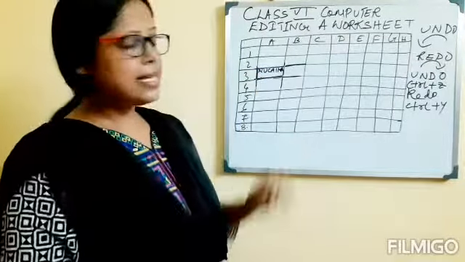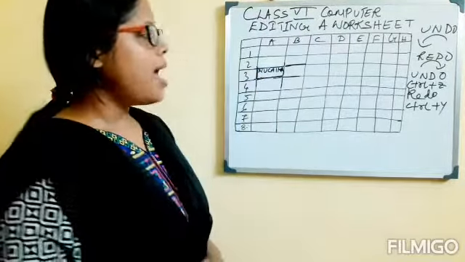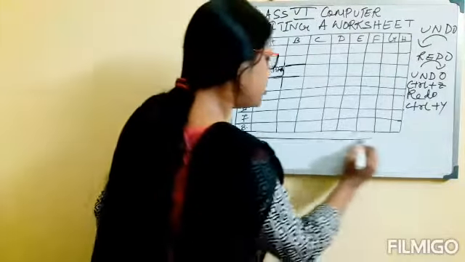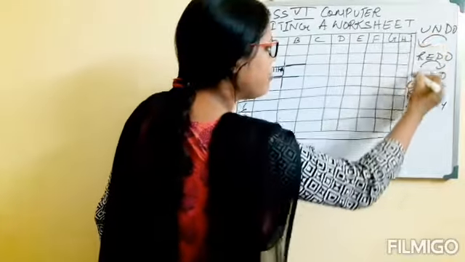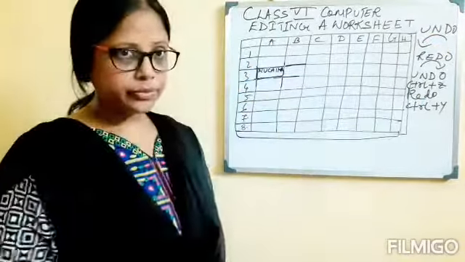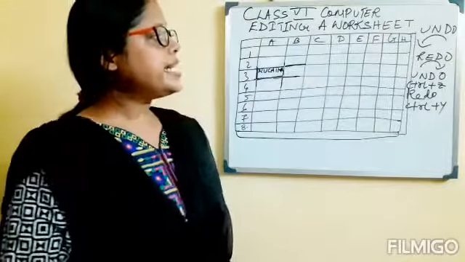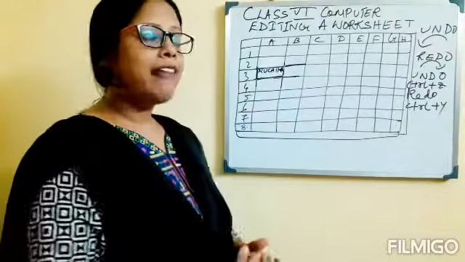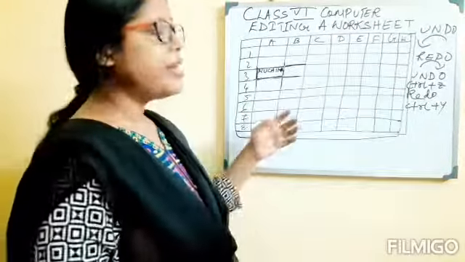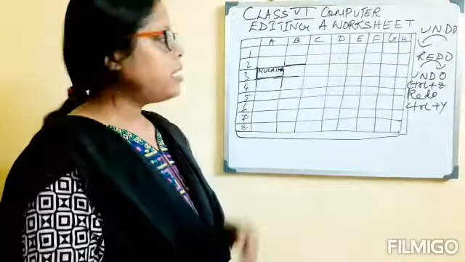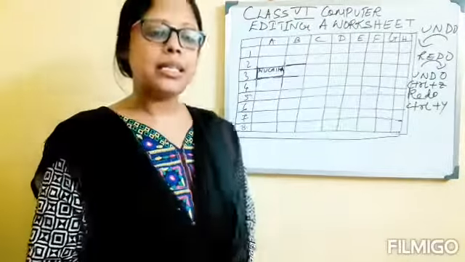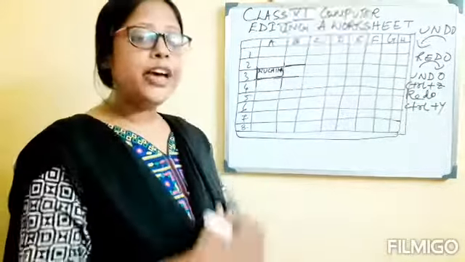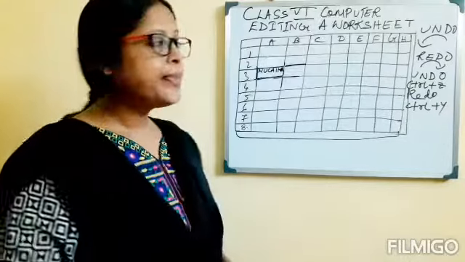The next topic is how to insert a cell, a row, or a column. To insert these, we have several steps to follow. First, how can you insert a cell? You first have to select the cell where you want to insert the new cell.